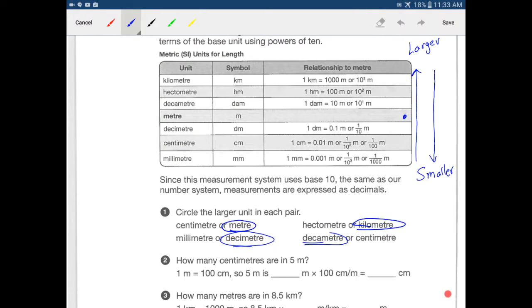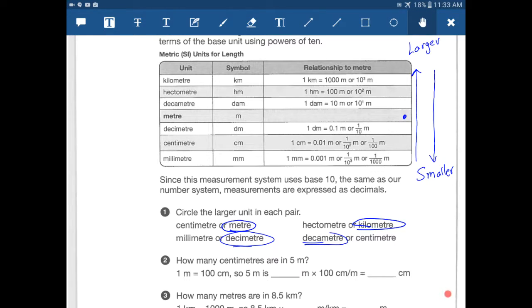So let's see here. What you could do is think to yourself, okay, how do we go between meters and centimeters? Looking at this question, we have centimeters and 5 meters, so we are looking at this connection right here.